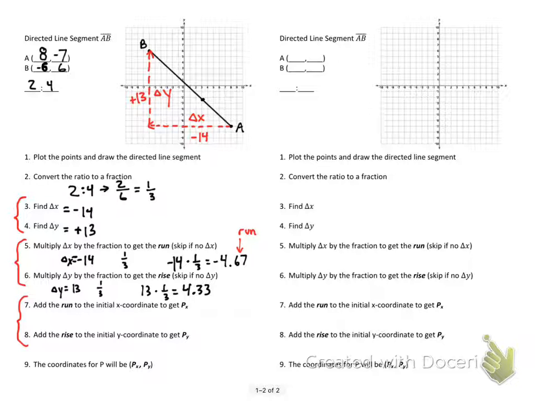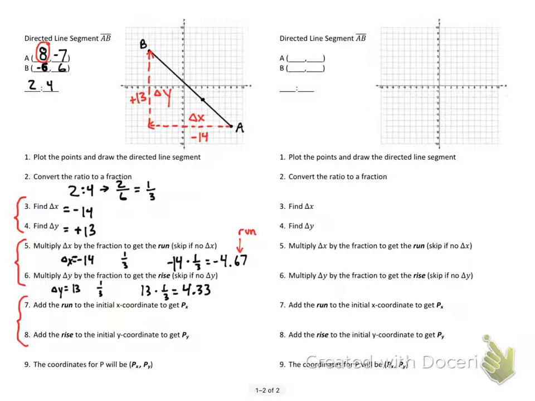All right, so now just to get the coordinate, because the final answer is a coordinate, all we have to do is take those values and add them to where we started from. So it's great if we're saying go negative 4.67, but now the question is, well, negative 4.67 from where? Well, from where we started. We started at A, and my initial A value is 8. So I'm going to take this 8, and this is where you have to pay attention.